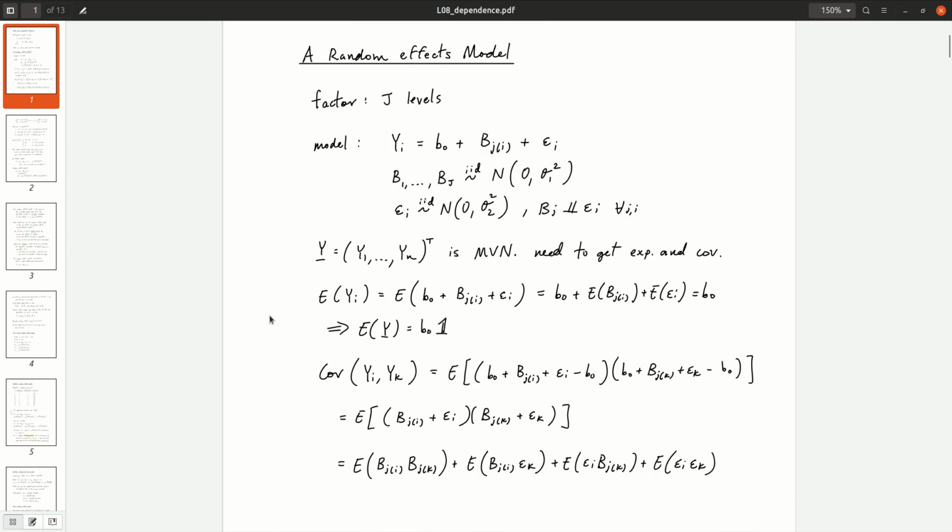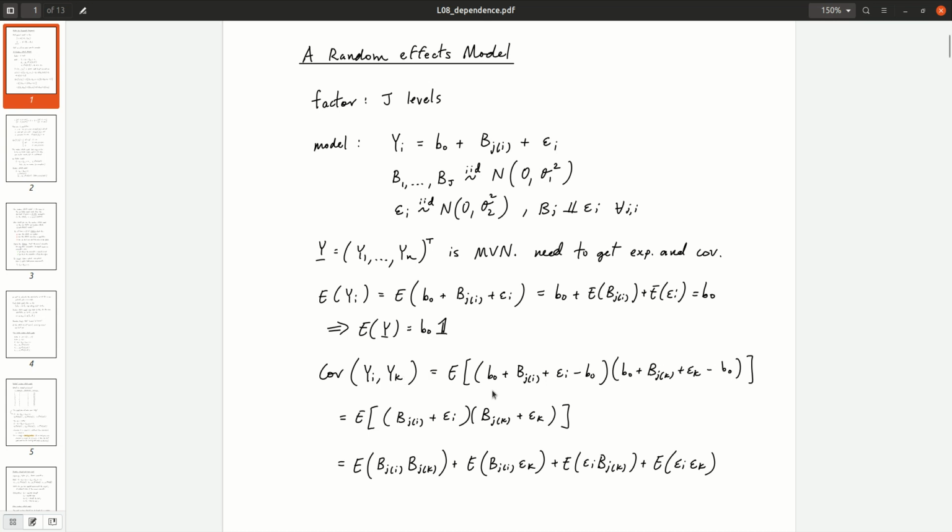Now the covariance is usually a little bit more complicated calculation, but let's go through it step by step. What we need to compute is the covariance between every pair of observations. So here I'm just going to pick an arbitrary pair, y sub i and y sub k. Using the definition of the covariance, you would take the expected value of the product of y sub i minus its expected value and y sub k minus its expected value.